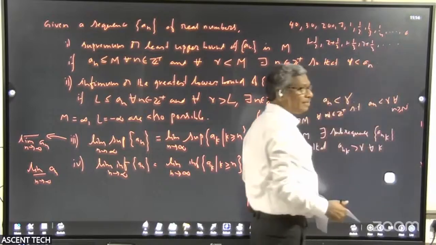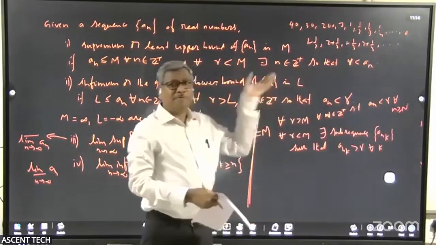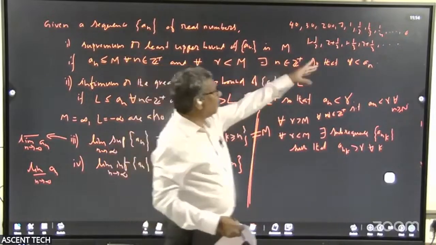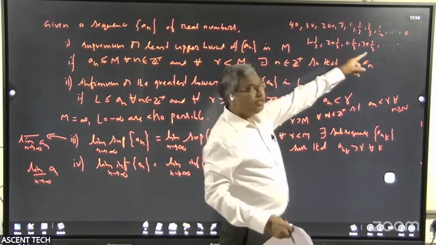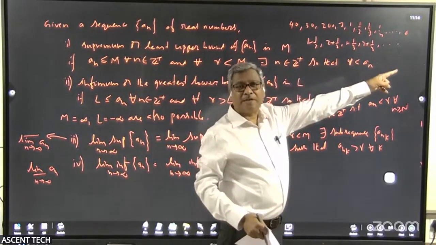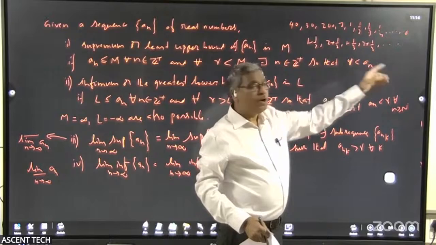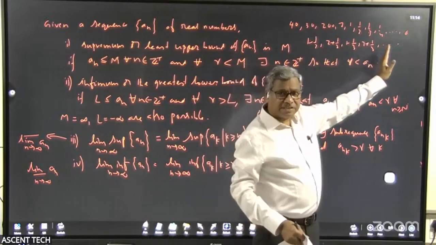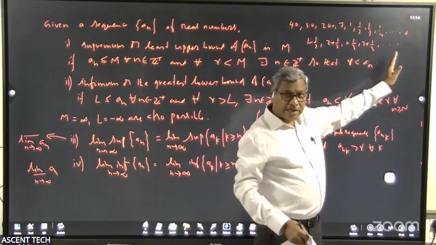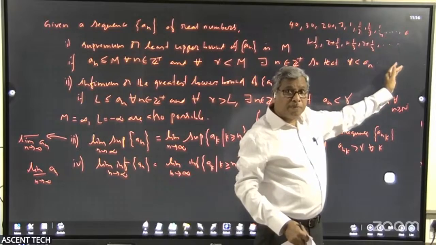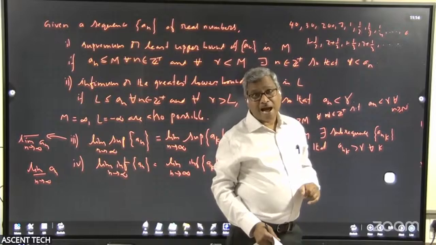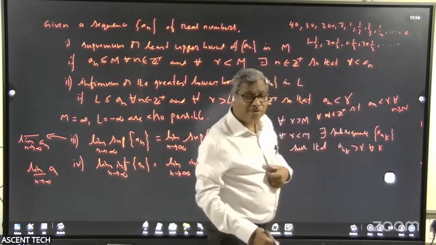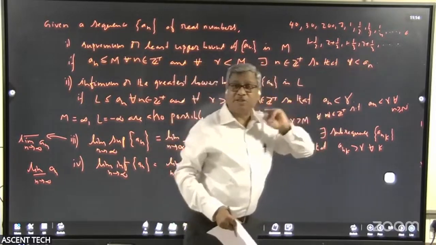We take this sequence. It keeps going between 1 and 2. But the supremum is actually going to be 2. The limit supremum is going to be 2. Because if I go on and after such a stage, look at the supremum, the supremum will be 2 plus 1 by n. And as n tends to infinity, it goes to 2. So the limit supremum of that is 2.